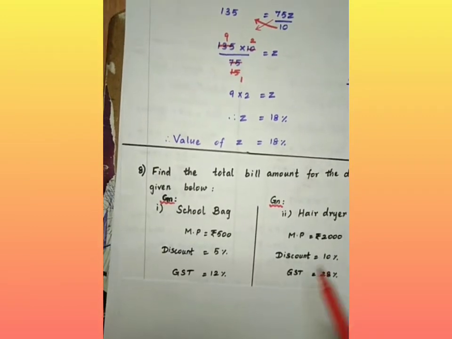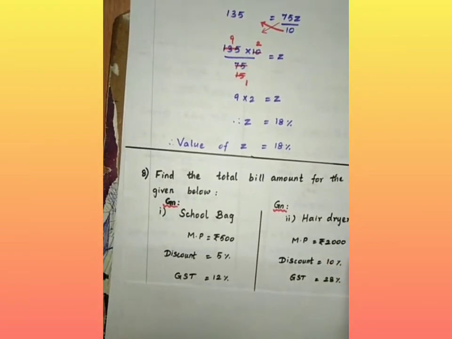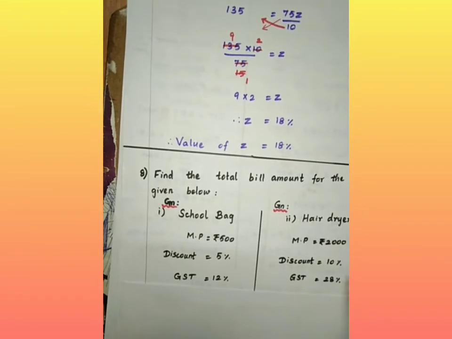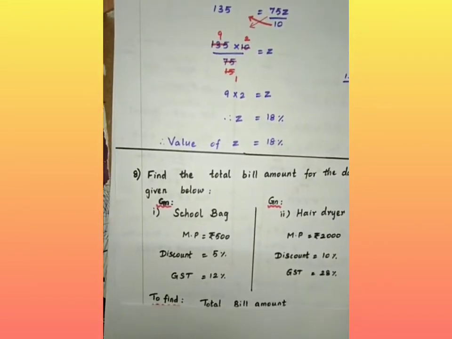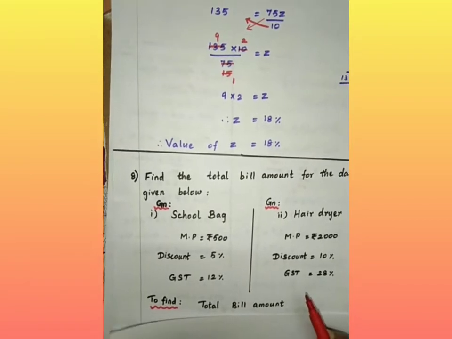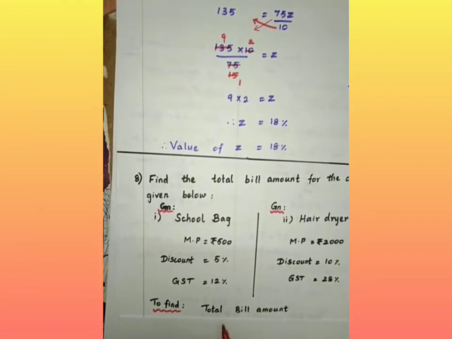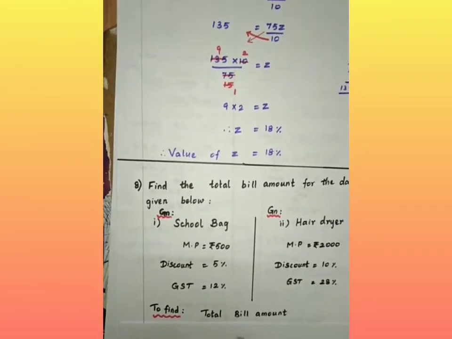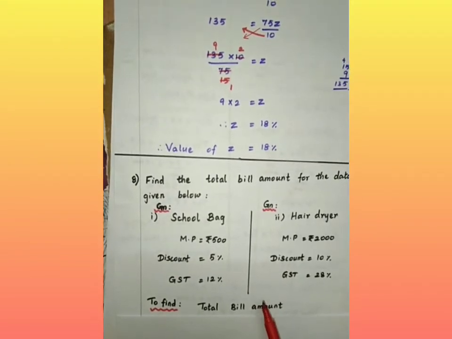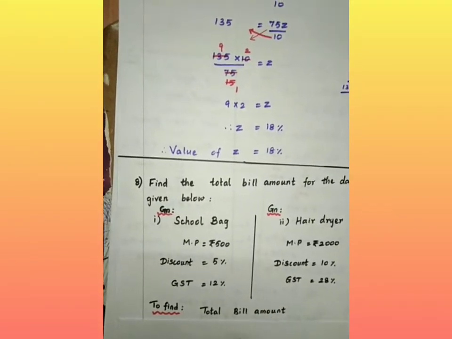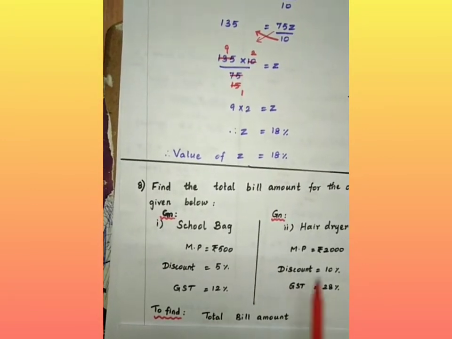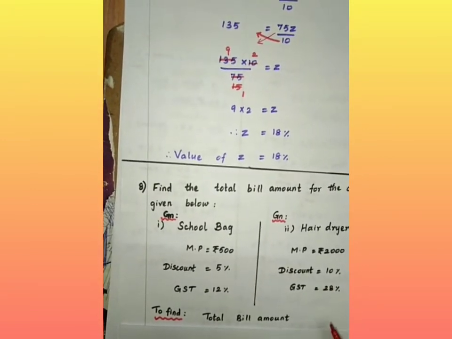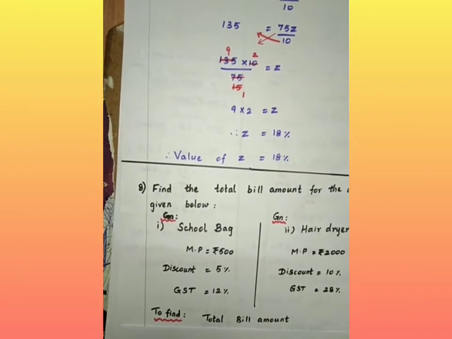For the hair dryer, MP is rupees 2000, discount is 10% and GST is 28%. Now we are going to find the total bill amount. Here two items are given. For the total bill amount, first we need to find the separate bill amounts for items 1 and 2. Then we can add these two bill amounts.